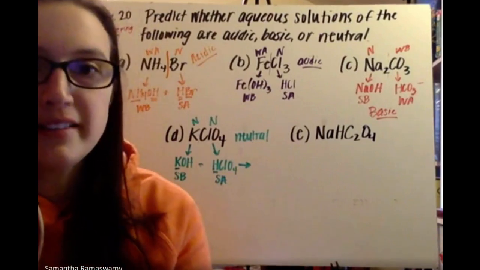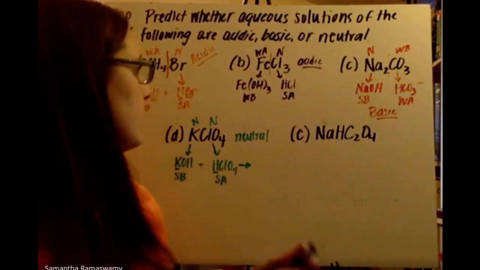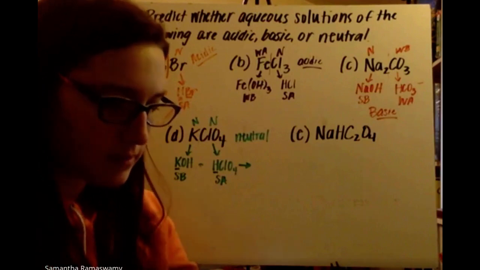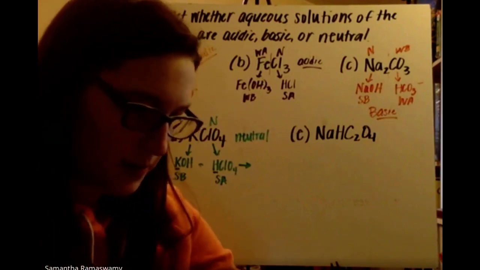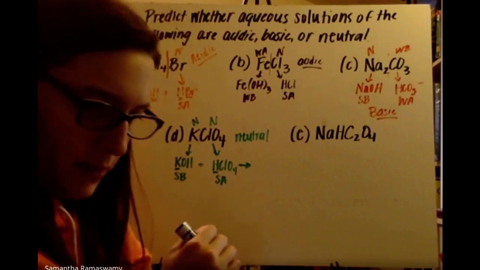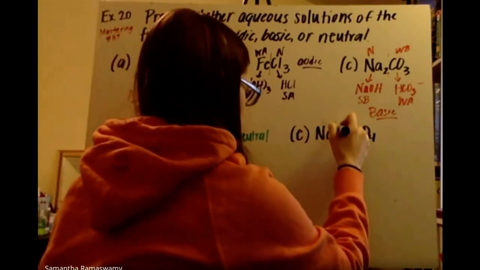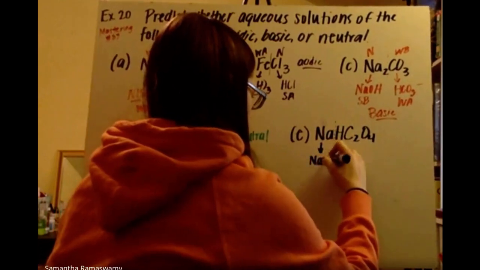And then finally, part E. So in part E, we have NaHC2O4. If we take a look at this, Na comes from NaOH.